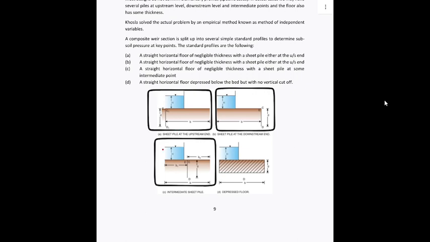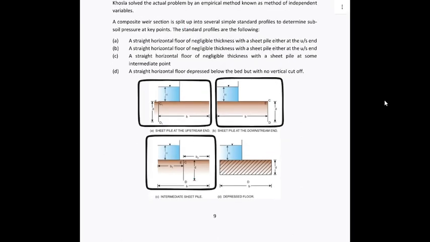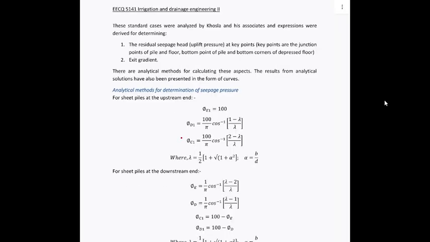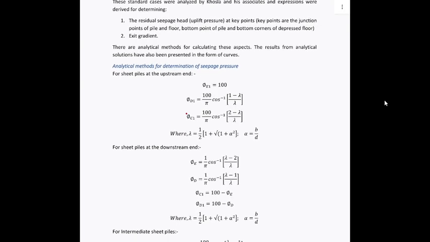So all these points you see indicated here, E1, C1, E, C, D1, E and C for the intermediate, and then D for the depressed floor, expressions were developed in order to determine them. Secondly, in addition to those percentage pressures, the second thing that he did was to calculate the exit gradient.